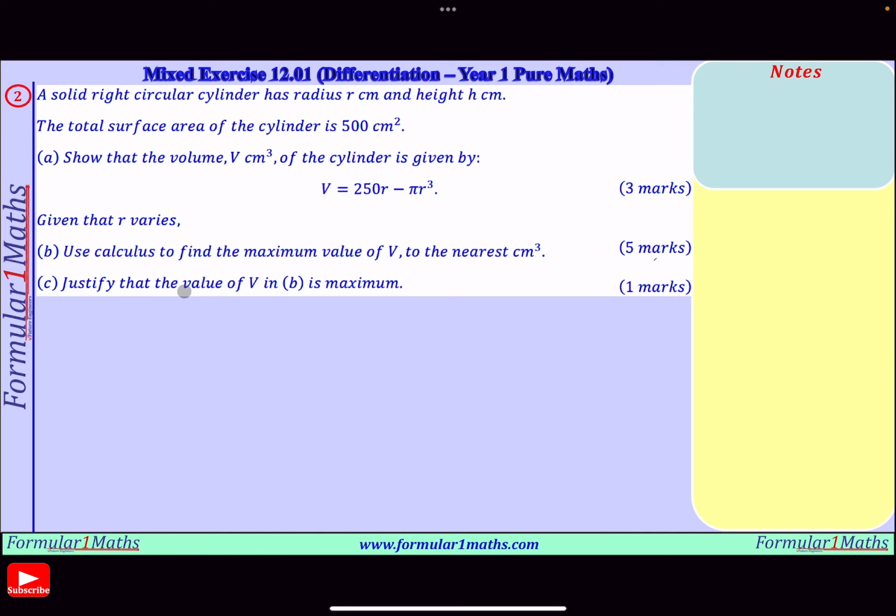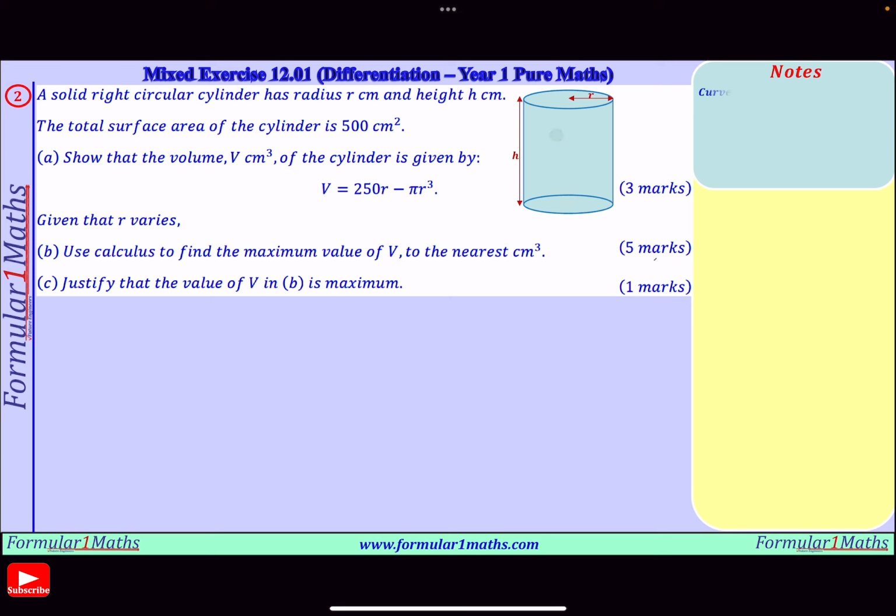So let's draw a right circular cylinder, something like that. The radius we know is r and the height is h. Now we are told that the total surface area of the cylinder is 500 centimeters squared. We have the top area given by pi r squared, the bottom pi r squared, and then we have to find the curved surface area.